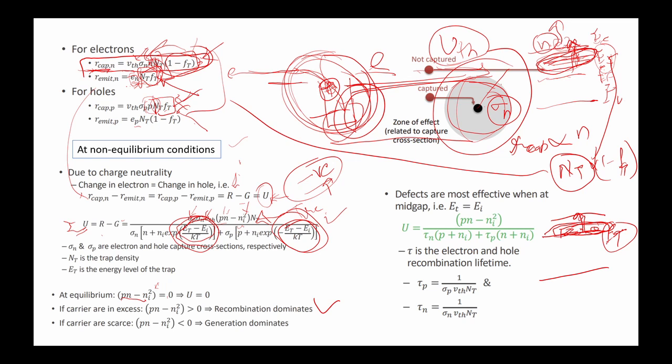Every system, whichever system you take, tends to go towards equilibrium. So if pn is less than ni square, the concentration of electrons and holes in the semiconductor will try to increase, and then there will be generation. And we have already seen that these defects are most effective at mid gap, Et equal to Ei.